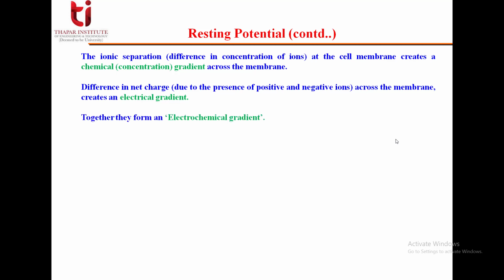Together, the concentration gradient, or chemical gradient, and the electrical gradient, which is due to the difference in net charge, form an electrochemical gradient. This difference in total charge inside and outside the cell creates a membrane potential.